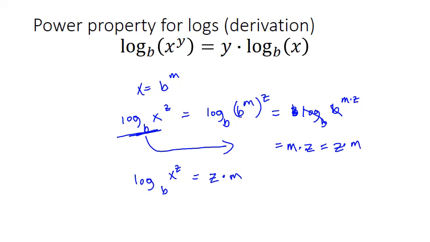But remember that m, from our previous example, is the same as log base b of x. So what we have is that this is equal to z times log base b of x.